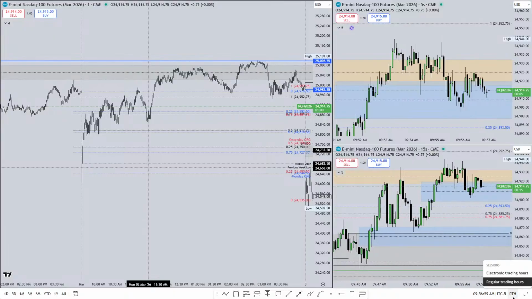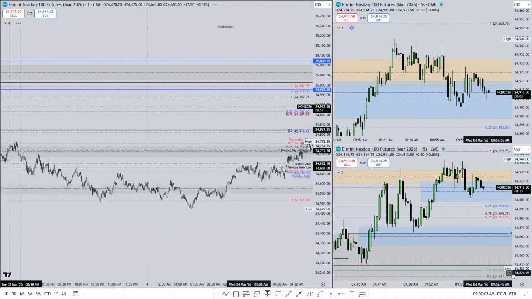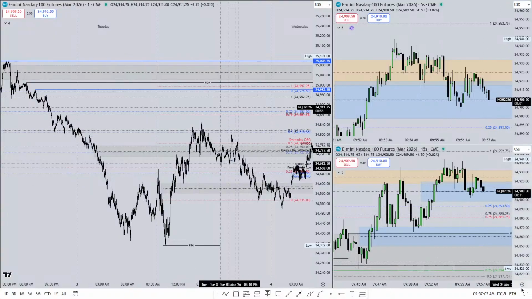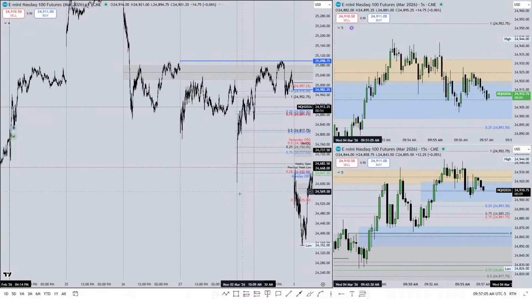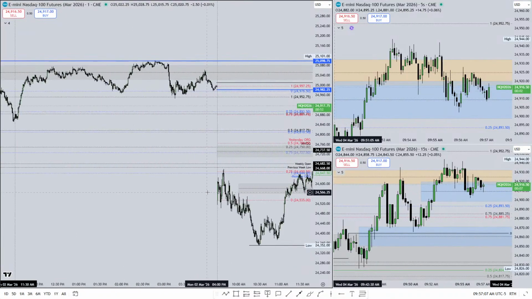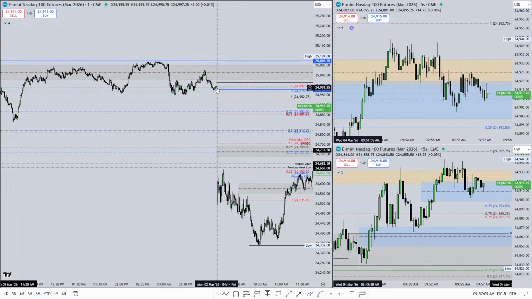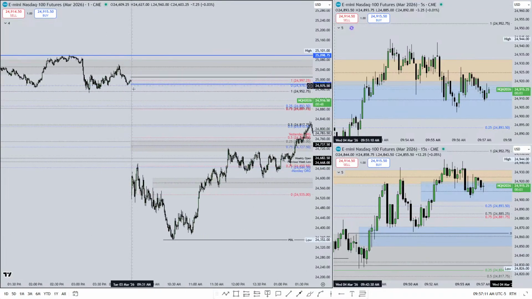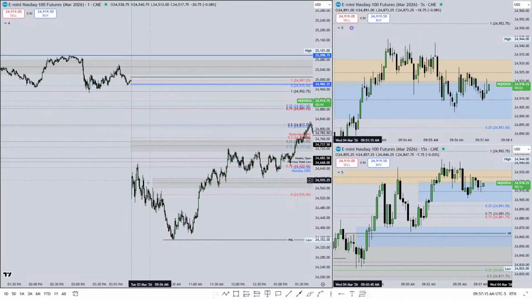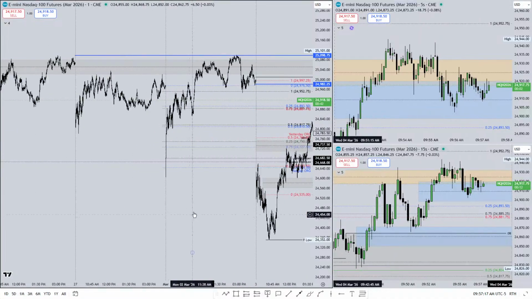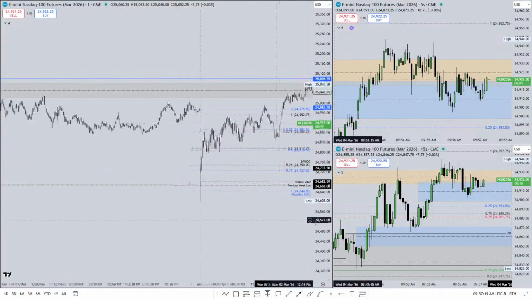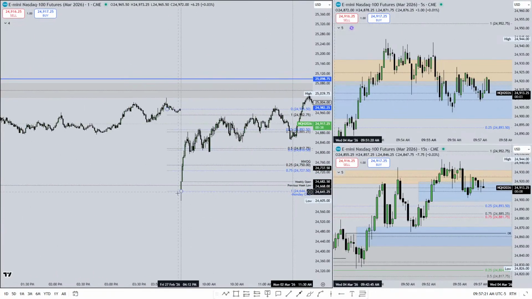If you go to the bottom right, you have electronic trading hours where it shows the overnight session, and you have regular trading hours where it only shows New York session trading. So this is the gradient levels of Tuesday's opening range gap. That's in red, which is yesterday. And then we have Monday's opening range gap, 2 days ago. That's in blue.